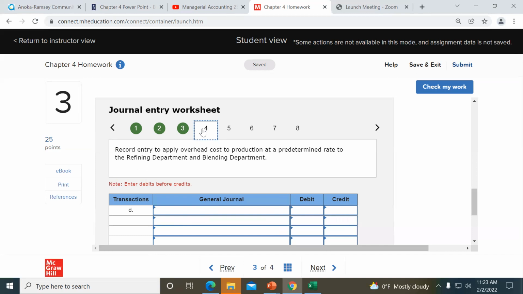Next, record the entry to apply overhead costs to production at a predetermined rate to the refining department and the blending department. We see in the refining department, it was 181. And in the blending department, it said it was 42,000, right?